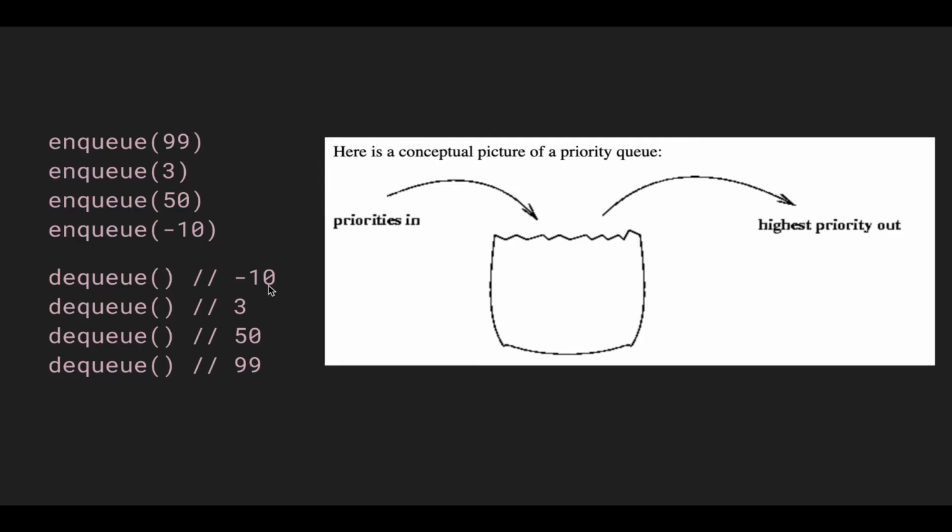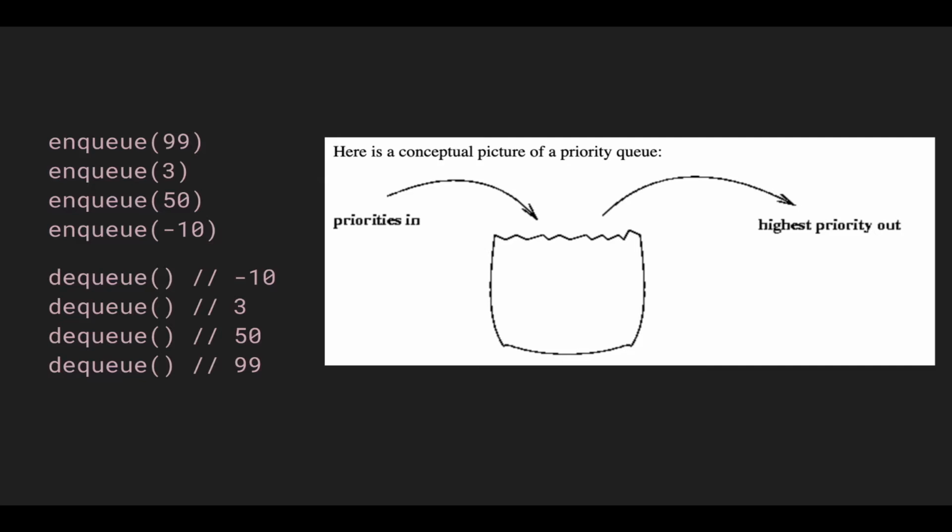So the most important element is the element with the lowest number, which means it's the highest priority. Because -10 is the smallest number in our priority queue, we return that first. Then the next one is 3, and then 50, and then 99. So you can see it's in increasing order because this is a minimum priority queue.